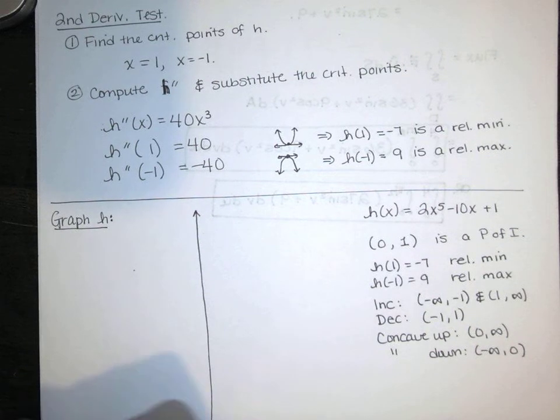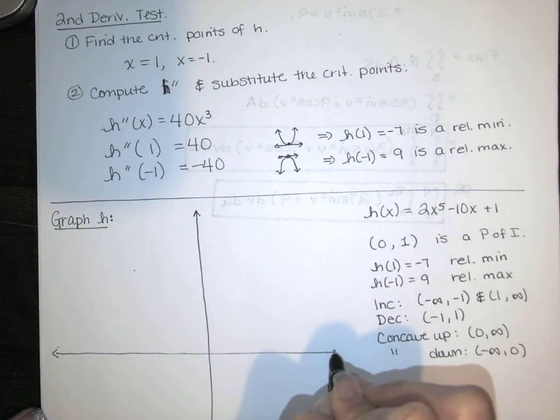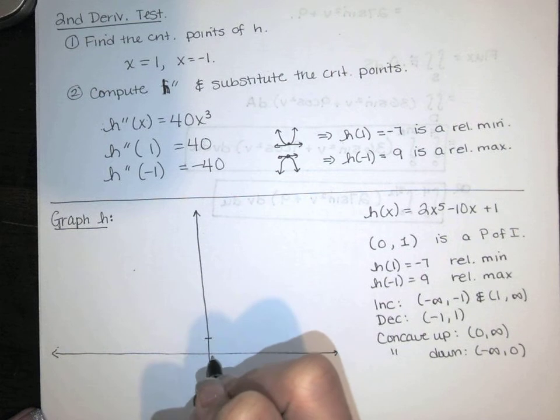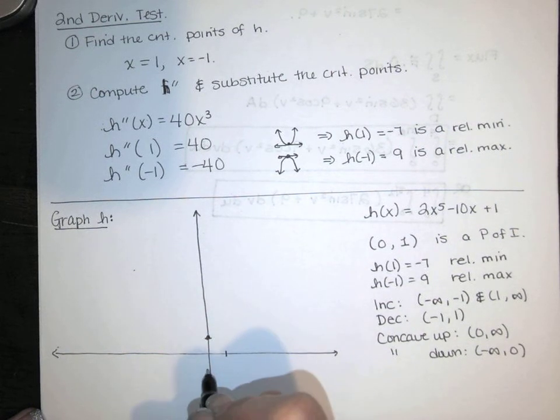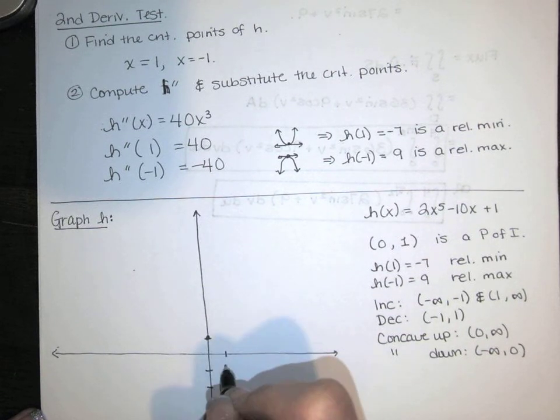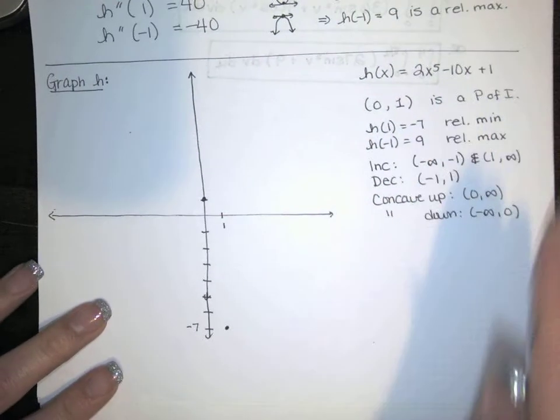So let's plot some points. When x is 0, y is 1. When x is 1, y is -7. Okay, oops, you guys can't see that, sorry.